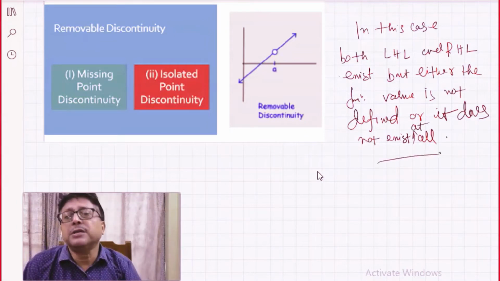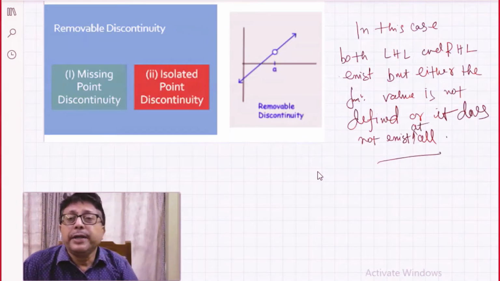Okay, then the function is said to have removable discontinuity.